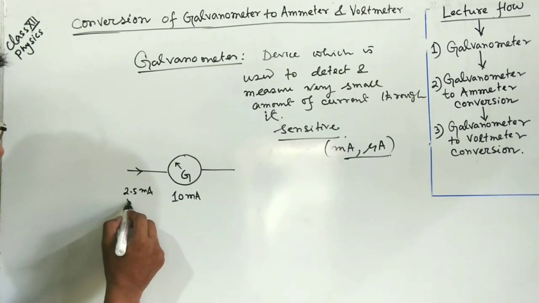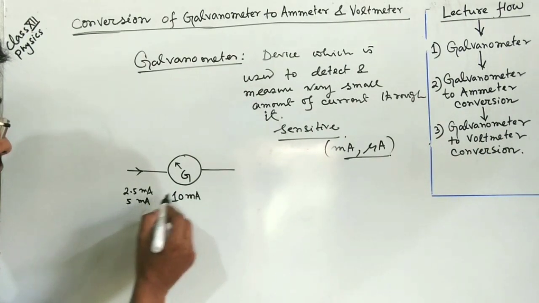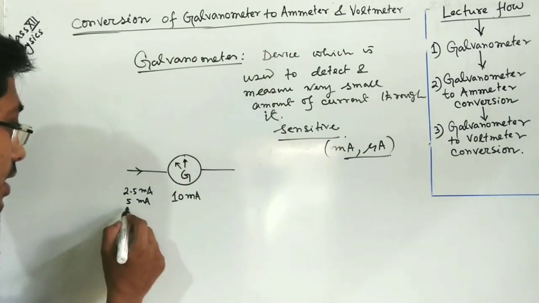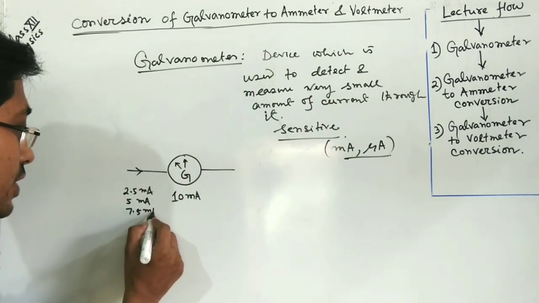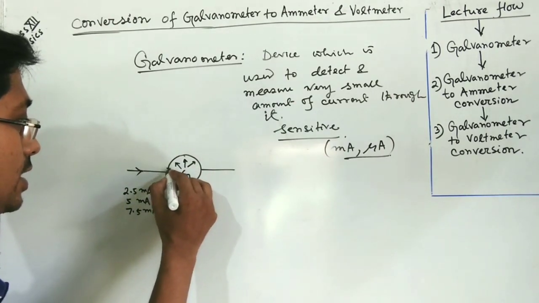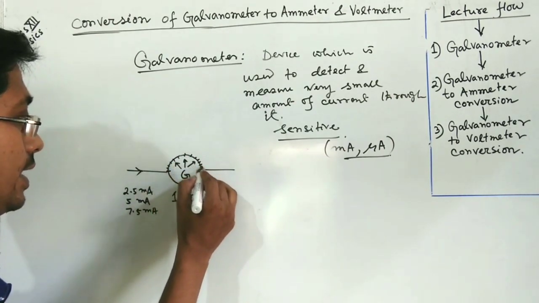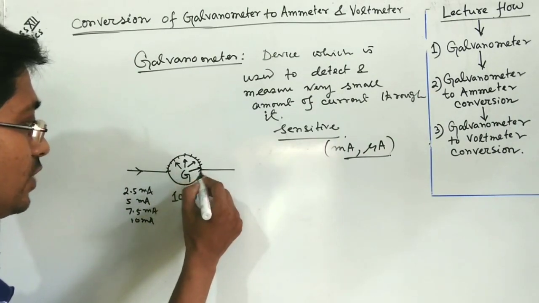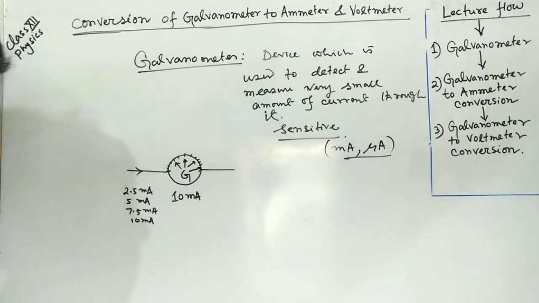If current flows, it is suppose 5 milliampere, so deflection will be greater. If it is 7.5 milliampere, then deflection will be here. If the range starts from here and ends here, then for 10 milliampere current, it will give the full scale deflection. Suppose this is the full scale deflection.